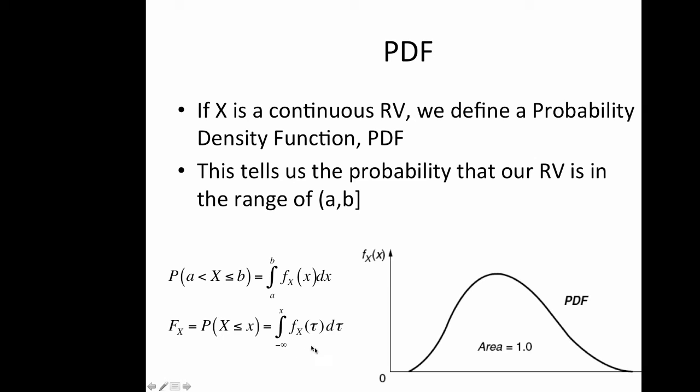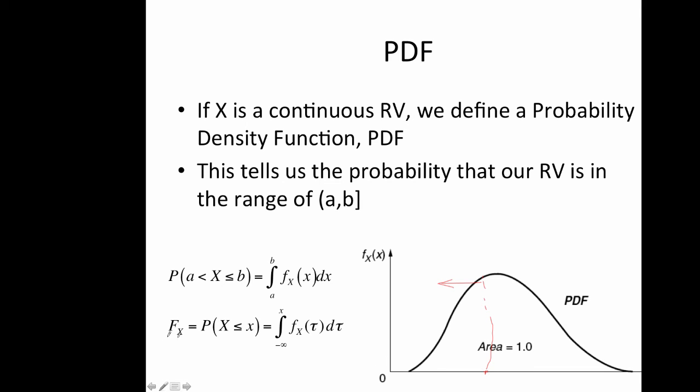Right, so we take the integral. If this is the value x that they're talking about, then this integral would give us all the probabilities from this value down, the sum of all of these.